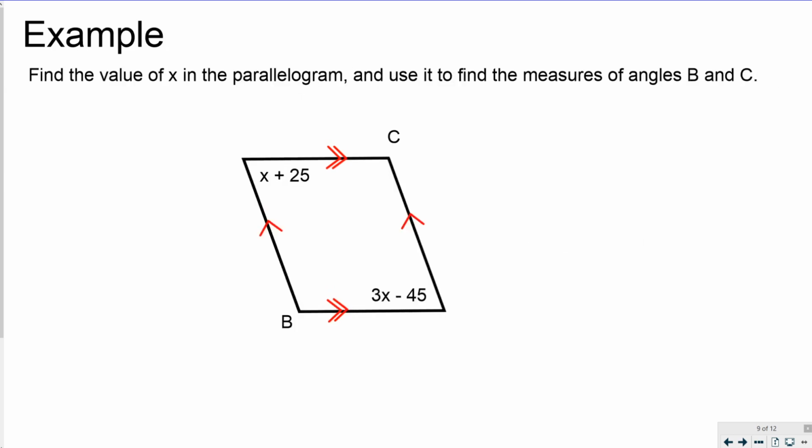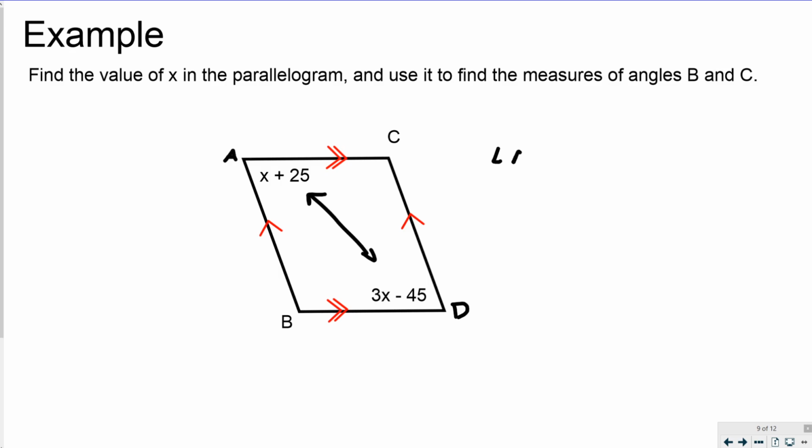So, find the value of x in the parallelogram and use it to find the measures of angles B and C. I know that these two angles that are across from each other are congruent.